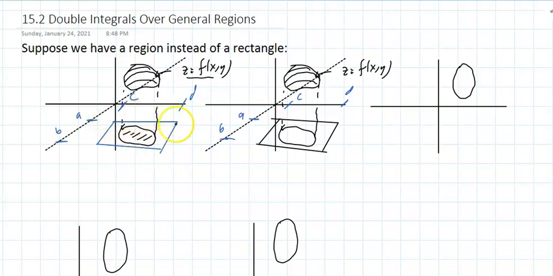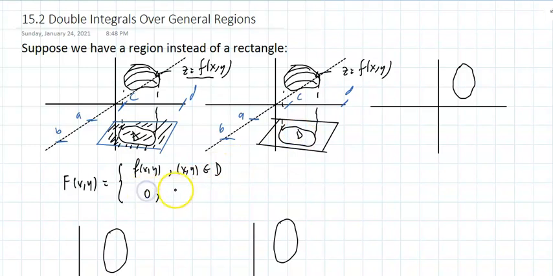And if I put a rectangle around this, I'm really looking, because I know how to do a rectangle, what I do, I say, well, let's set capital F of x, y to equal f of x, y, the function itself, if the point x, y happen to fall in that region D, and 0 otherwise.